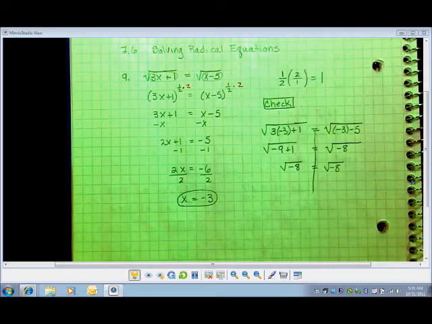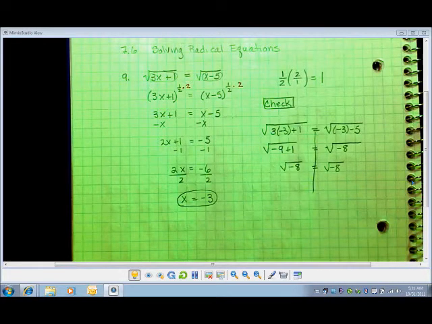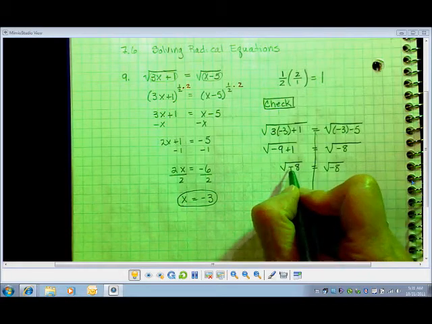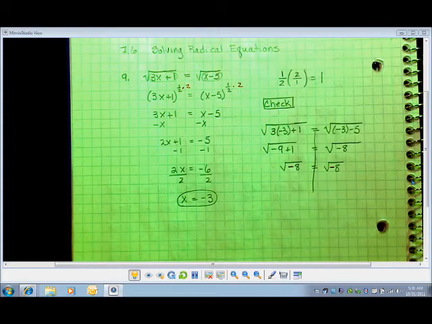Now, initially this looks like, yes, it's a solution, but actually it's not. This is a little tricky because underneath our square root we have a negative. And because of that negative, I cannot get an actual real number solution.